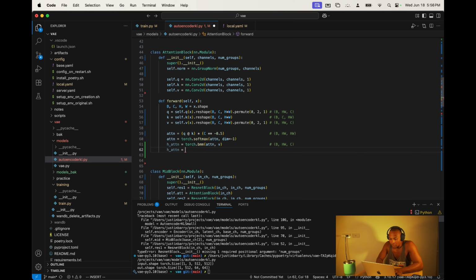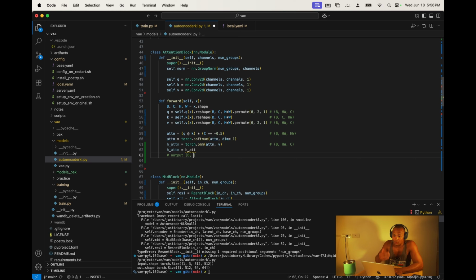And then we want the output to be B, an image, right? We take an image in and we pass an image out. So to reclaim our image, we do permute 0, 2, 1.